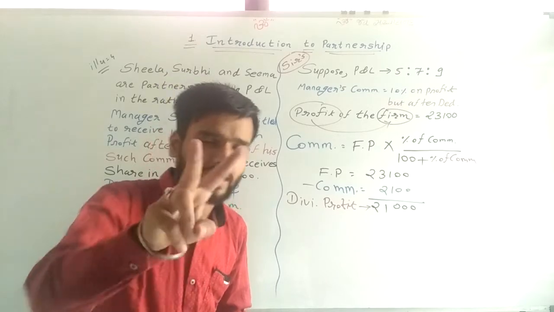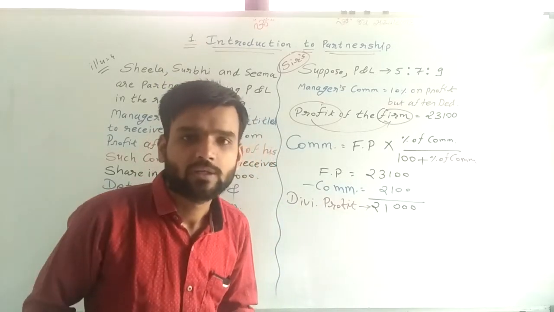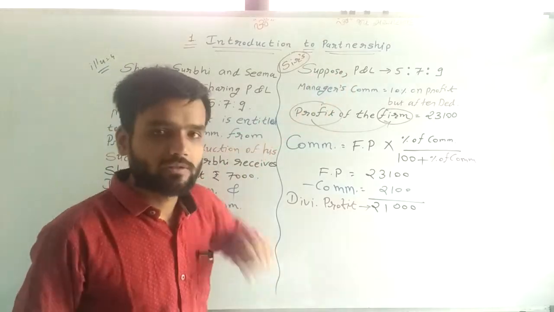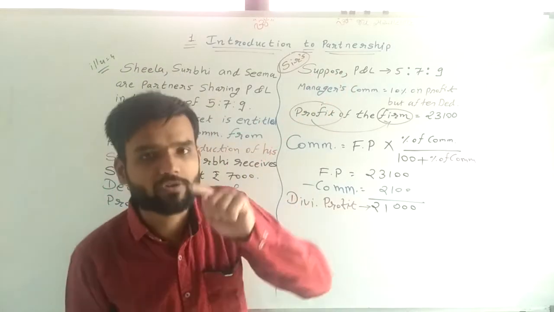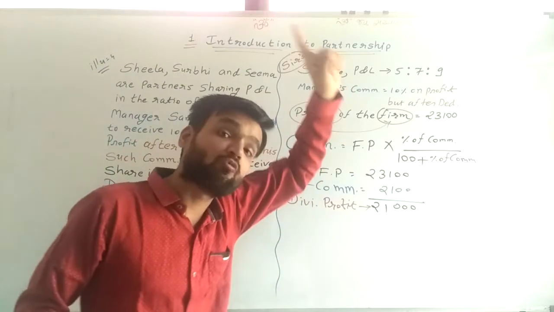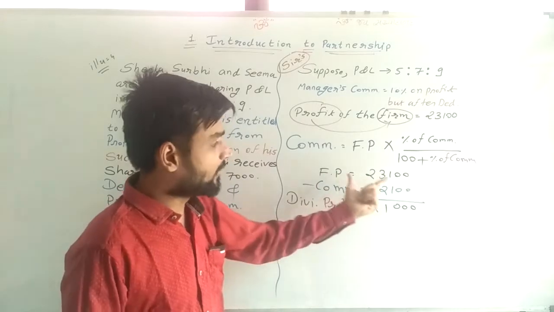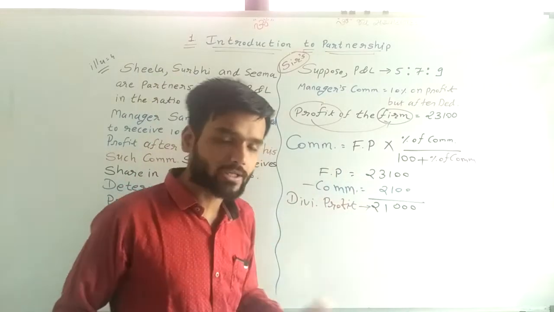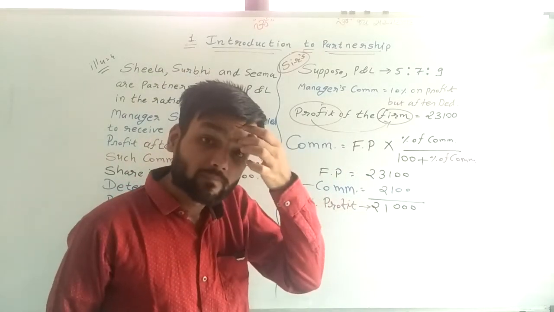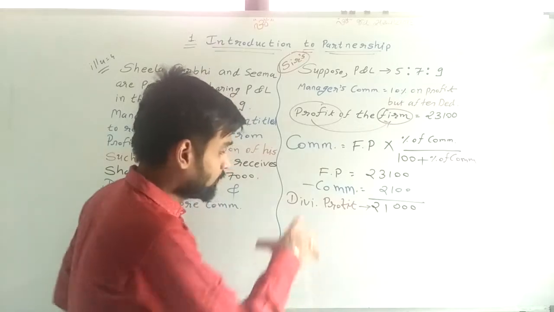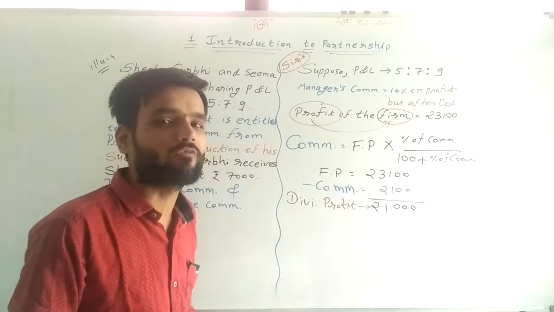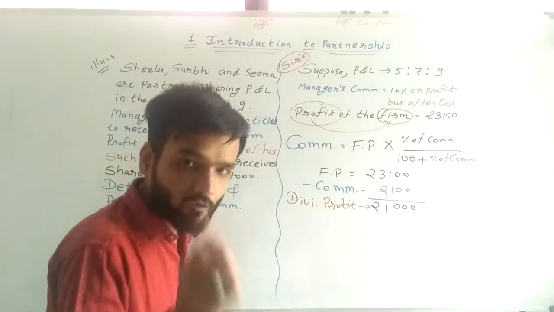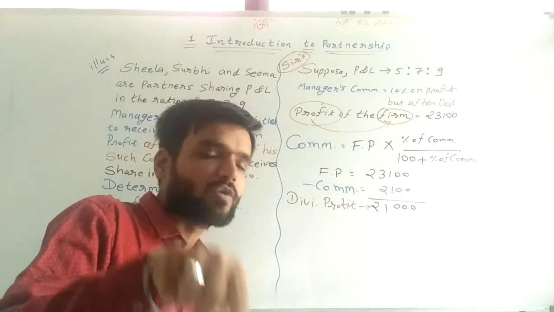Now, the second question is also clear. Suppose your question is find divisible profit. Then first of all we need to find commission. Then from the firm's profit we deduct commission and we get divisible profit. And what is the other name of divisible profit? Profit after deduction of commission.